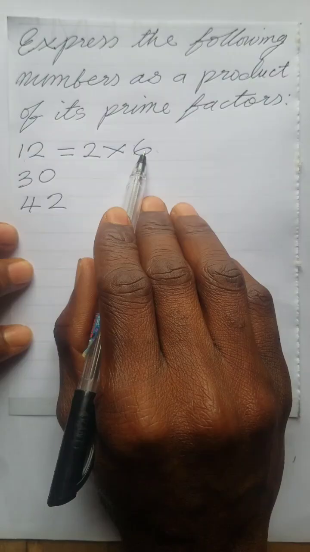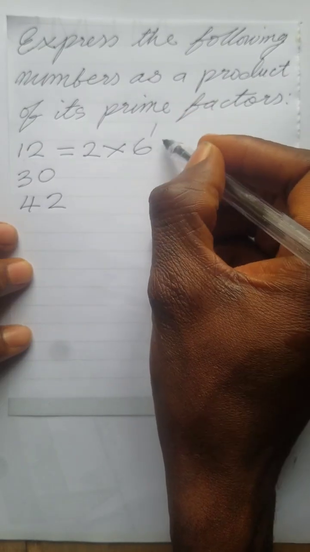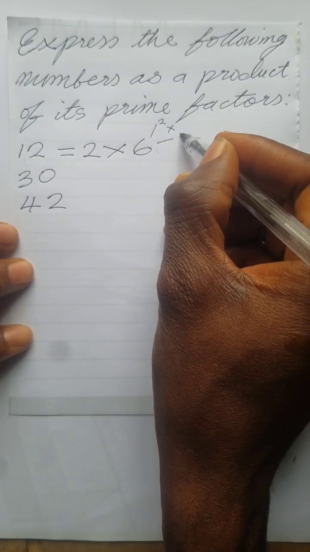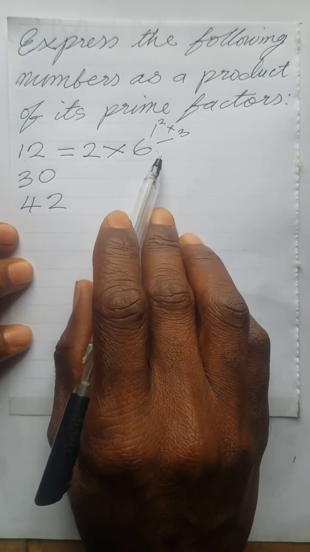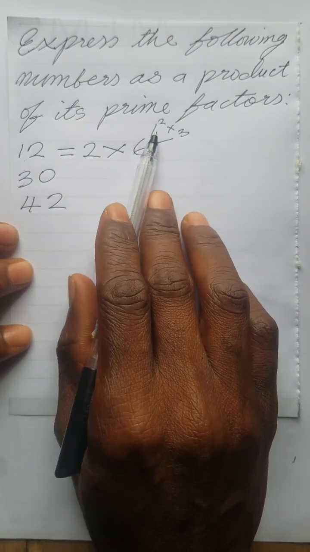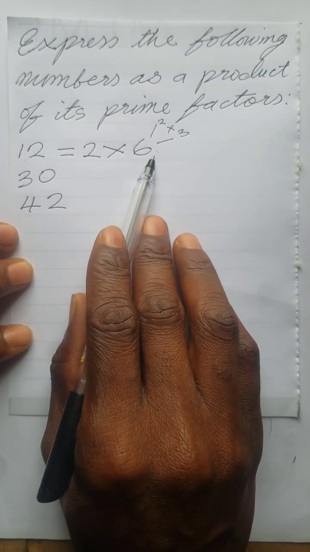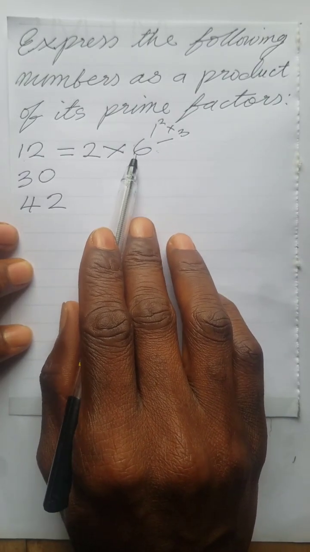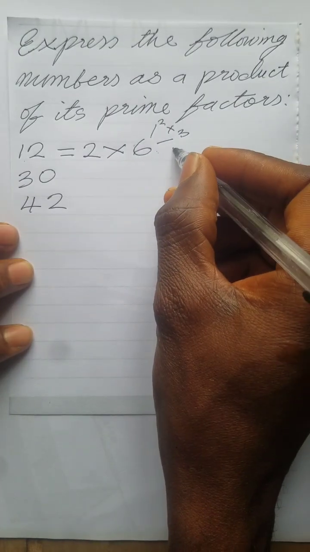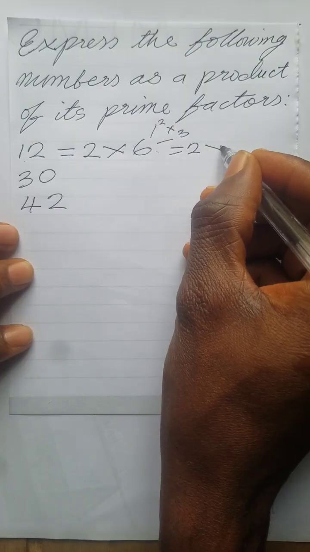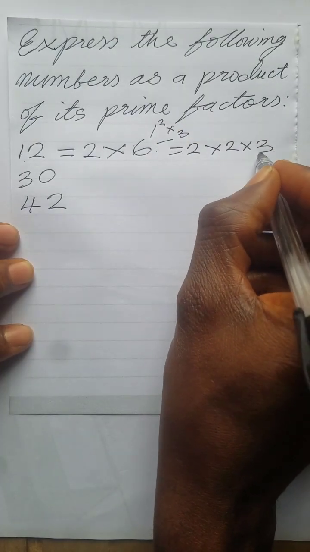If you know your times table very well, you know that 2 times 3 gives 6. So that means inside 6, I have 2 times 3. So why not remove 6 and write 2 times 3 in place of 6, since it still means 6. So that would mean I could do 2 times 2 times 3.